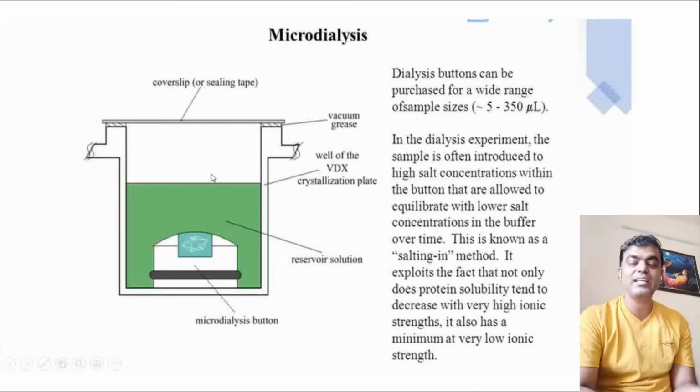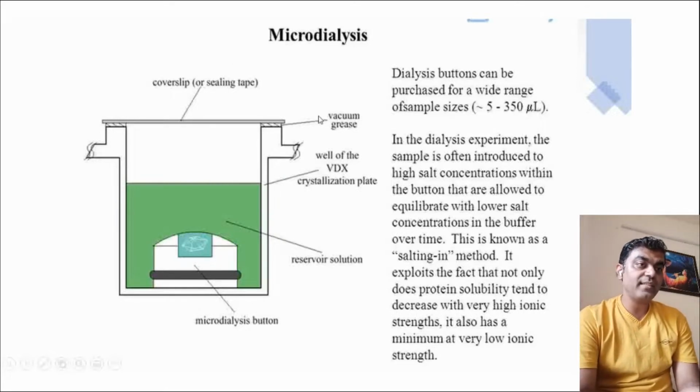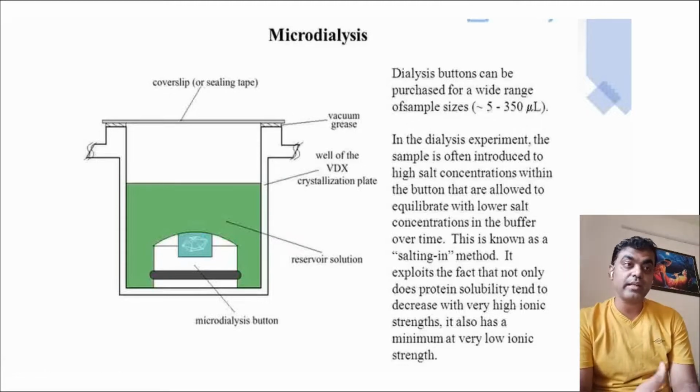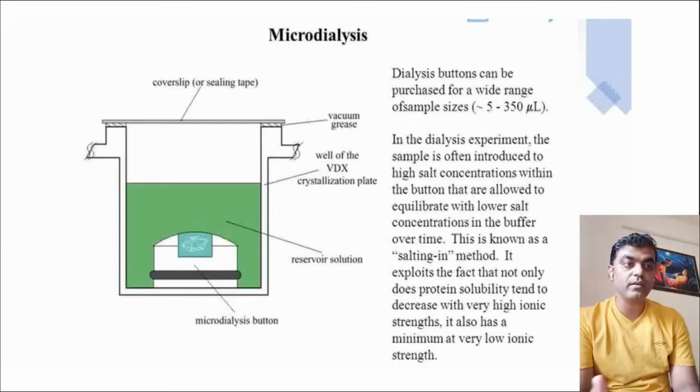You keep it sealed with a sealing tape or cover slip. The dialysis buttons you can procure from the market, and your sample size can vary, from as small as 5 microliters to as big as 350 microliters, and that is where you have the flexibility of having smaller as well as bigger crystals.